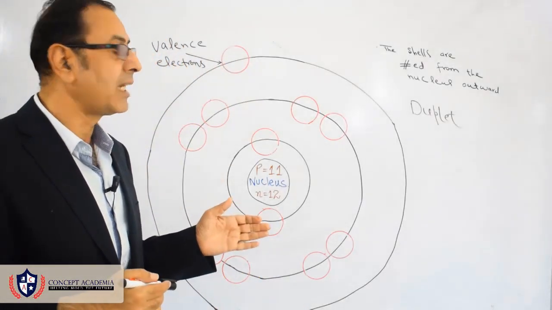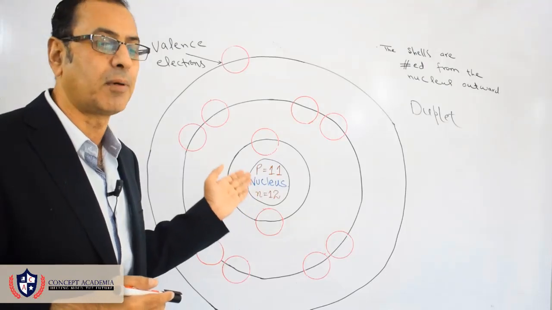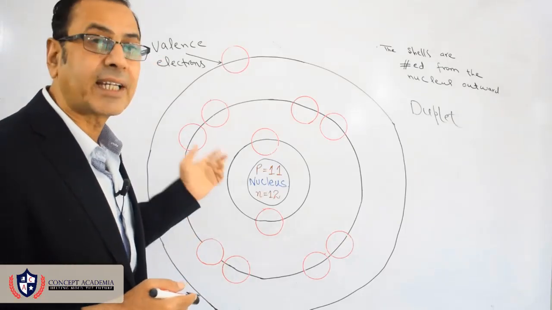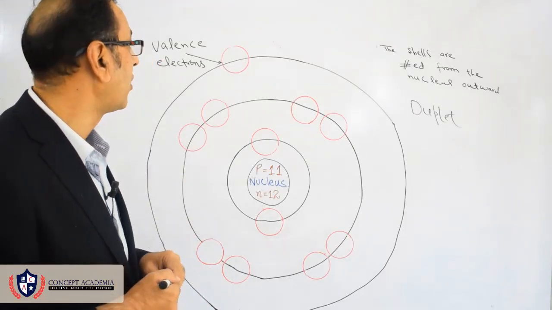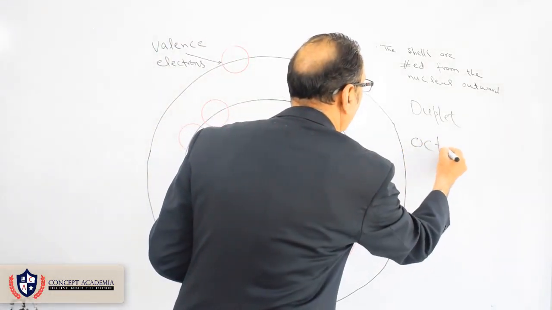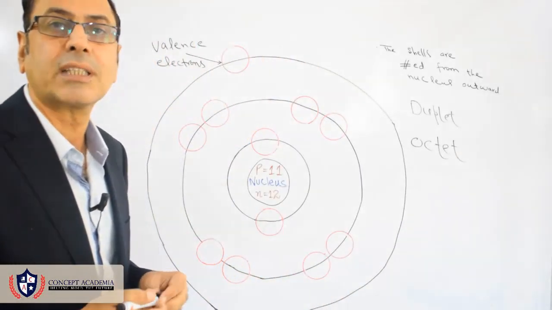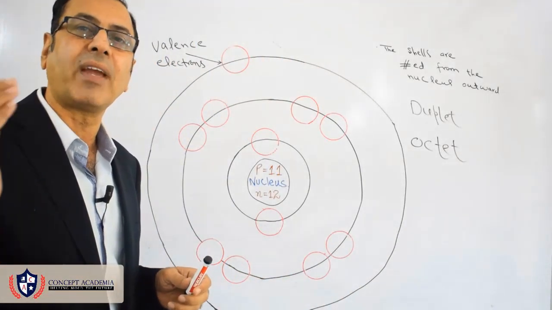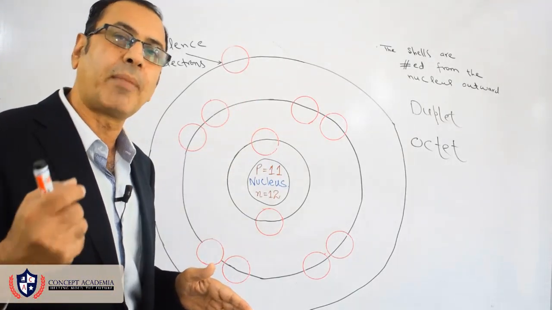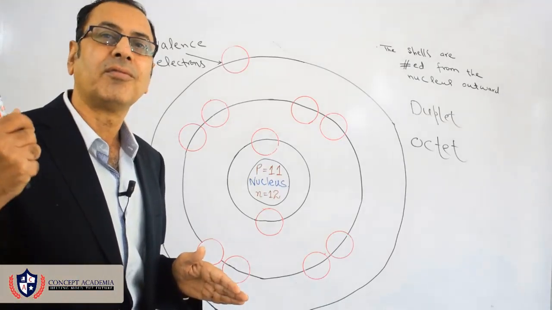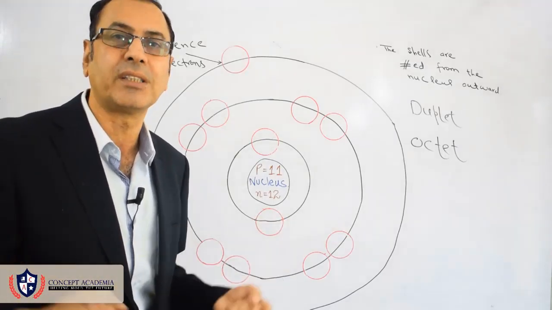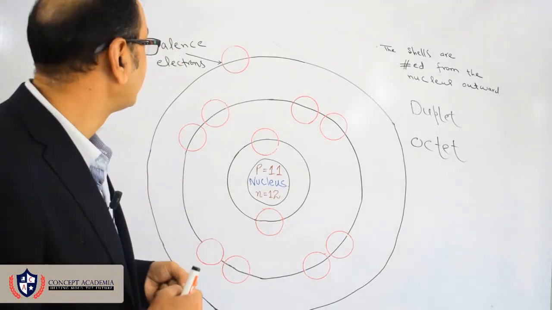Duplet means that the first shell can maximum have 2 electrons, and the second shell can maximum have 8 electrons, and we call that an octet. So octet means that it can maximum have 8 electrons. The second shell can maximum accommodate 8 electrons.